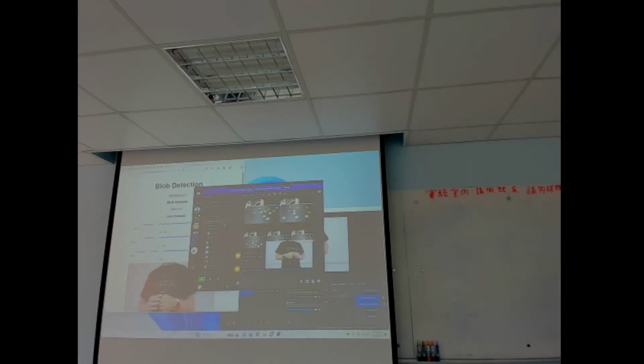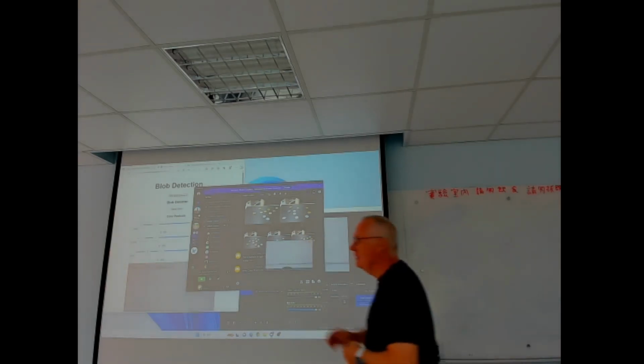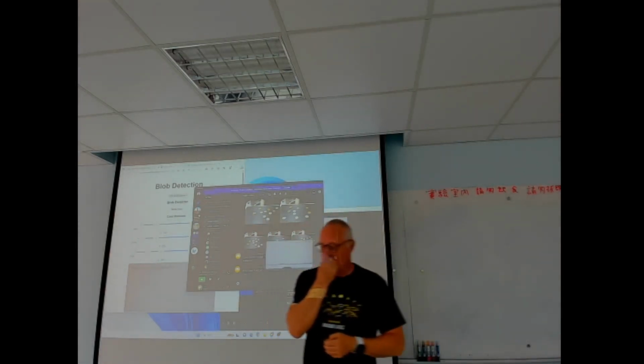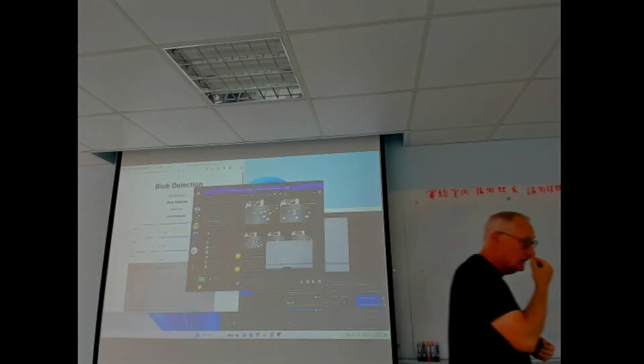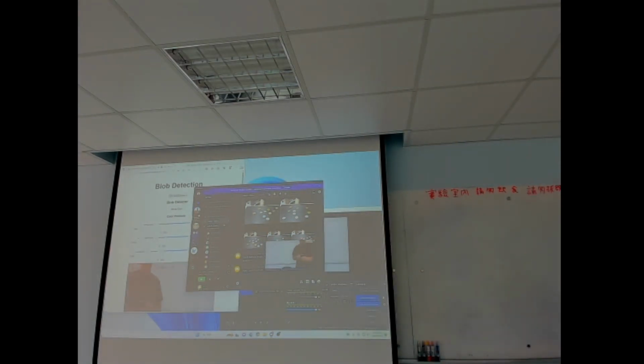Also, I posted some sample pictures that you can use for inspiration when you're trying to solve the assignment. So here, some pictures of the different objects that we want to have, points. You want to be able to make the points appear and disappear, project different numbers on the dice, or playing cards.